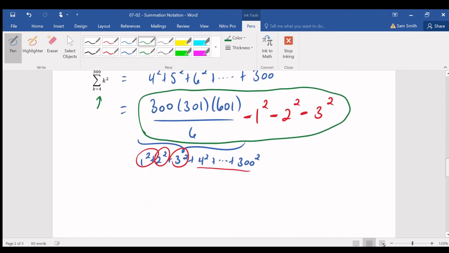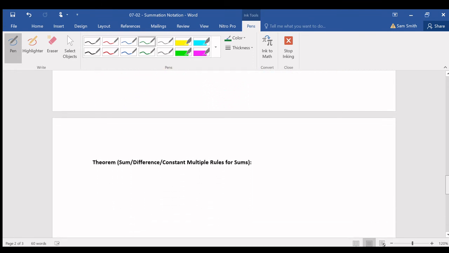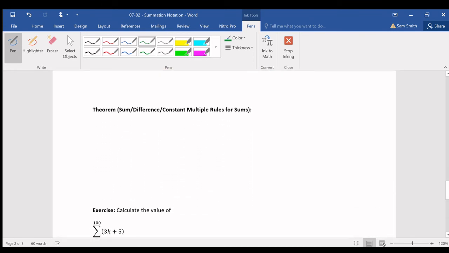Now you can also run across a situation where you're trying to take the sum, but the function over which you're summing, the f of k, is slightly more complicated.